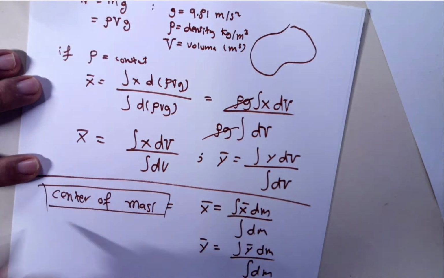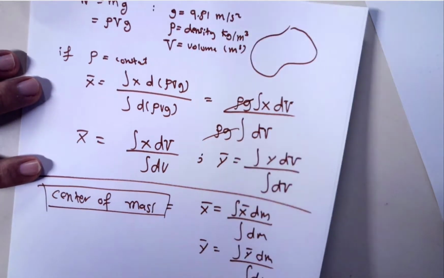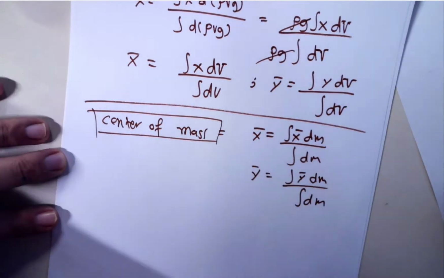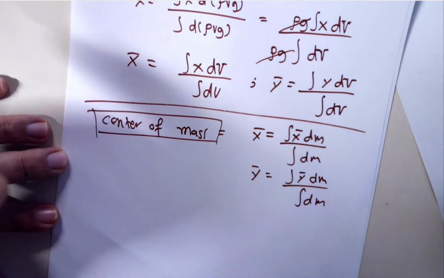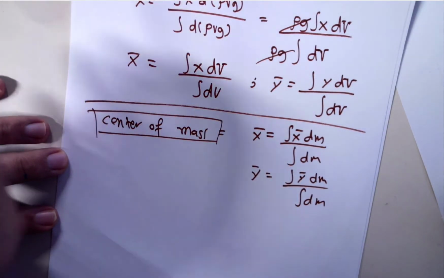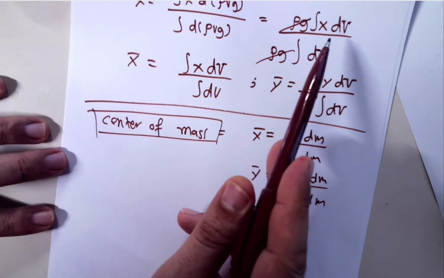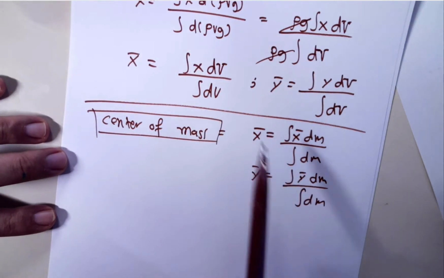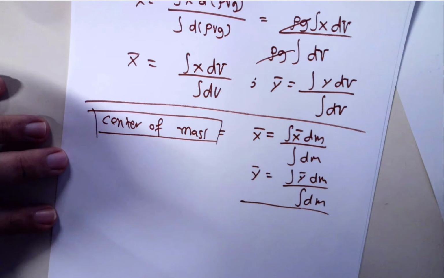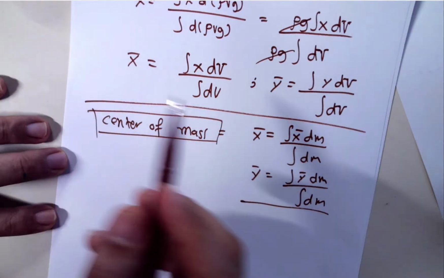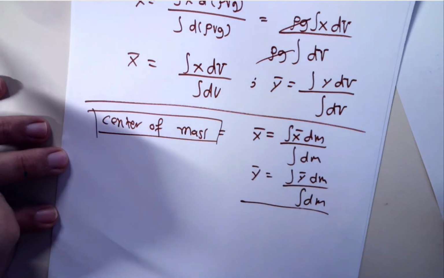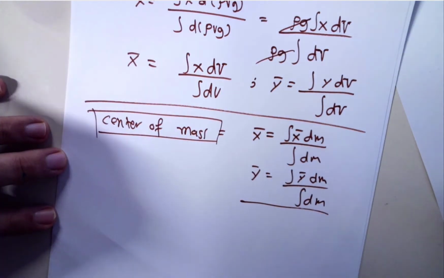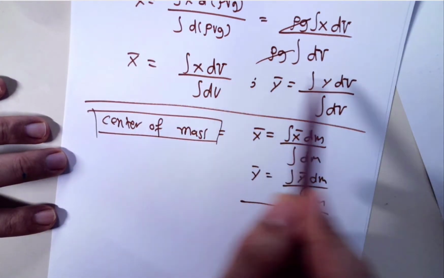Now there is nothing really different between center of mass and center of gravity, except that the gravitational constant is assumed to be constant, and therefore went out of the integration and cancelled, and then you define the center of mass. Now going back to a simplified version of all of that, when the density is constant, then we can write it in this form.